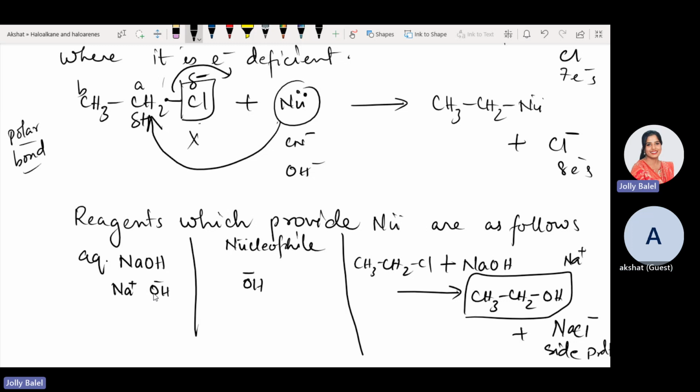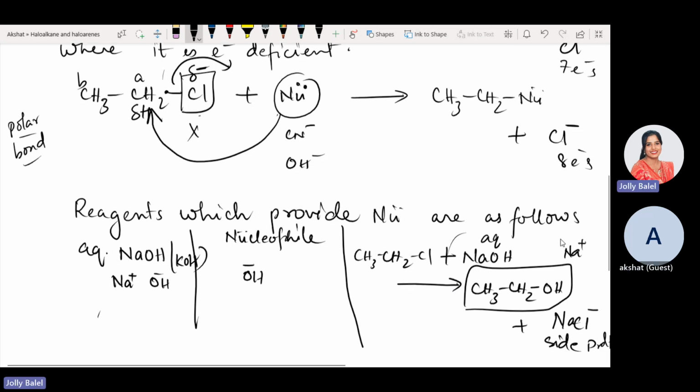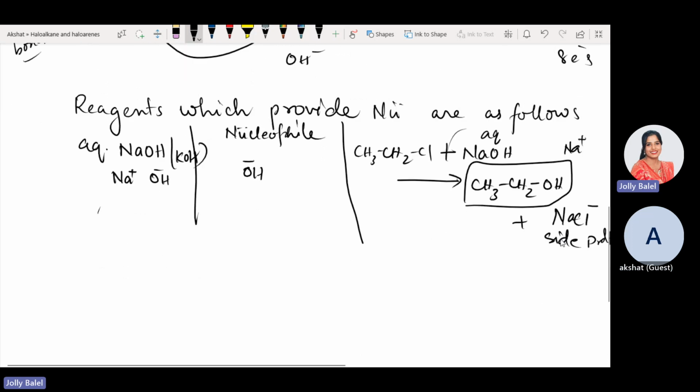Whenever an alkyl halide reacts with aqueous NaOH, or the same reaction with KOH, it gives alcohol. So it can be a conversion also. How will you convert alkyl halide to alcohol? You can easily convert it by reaction with aqueous NaOH. Got it? Okay. Now, in a similar way, if I provide you a reagent H2O, what will be your nucleophile?